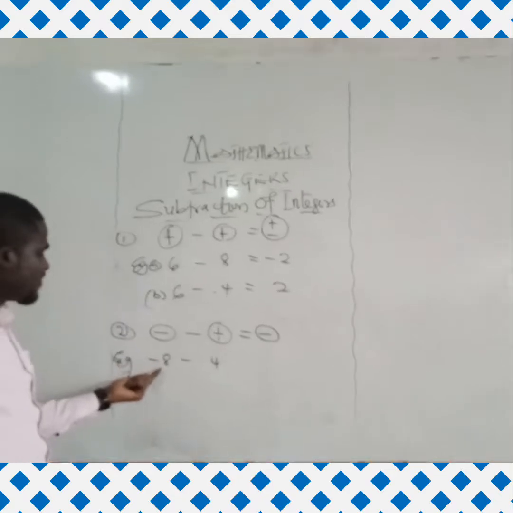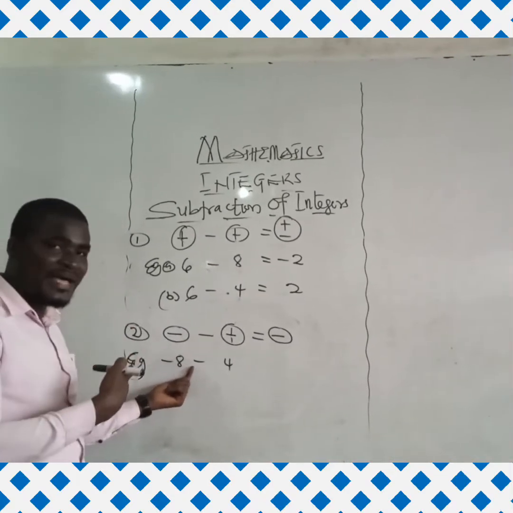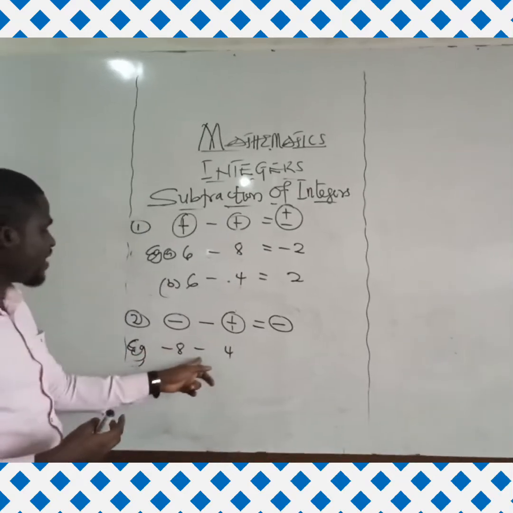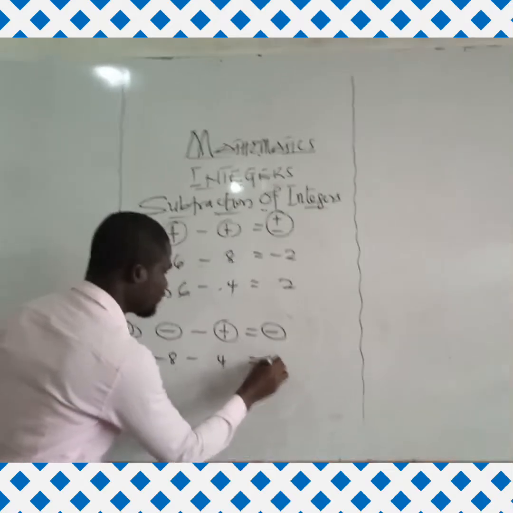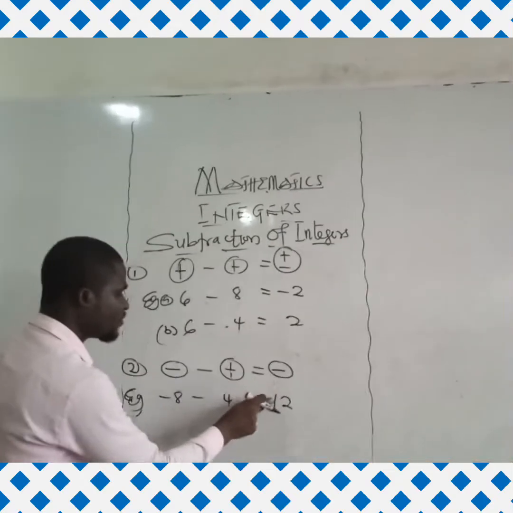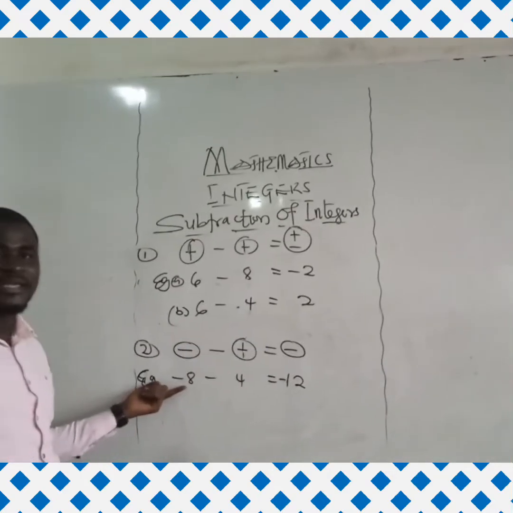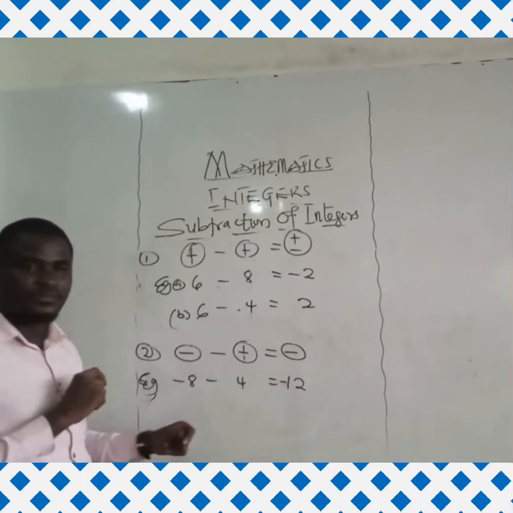So negative 8 plus negative 4, or negative 8 minus 4, will give us negative 12. You are owing me 4, you've owed another 8. How much are you owing? You are owing negative 12.